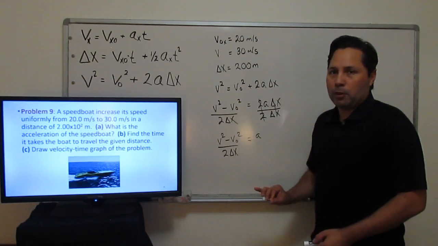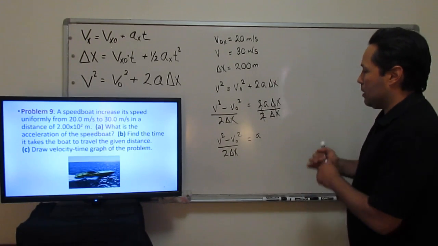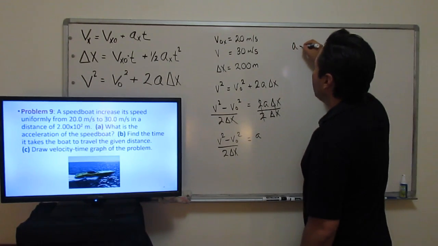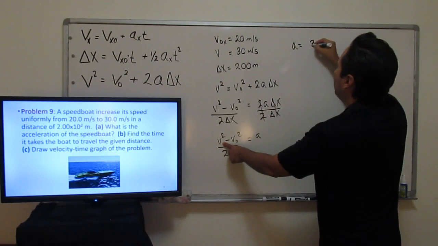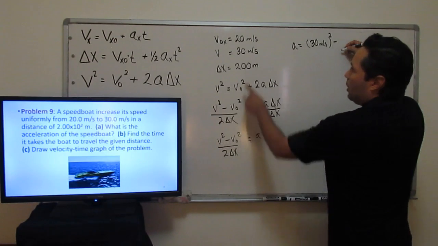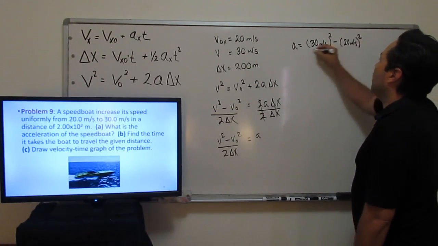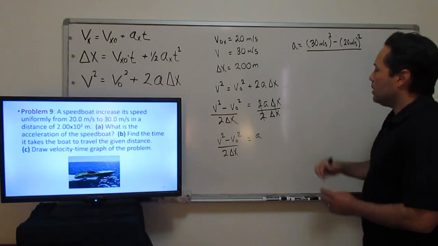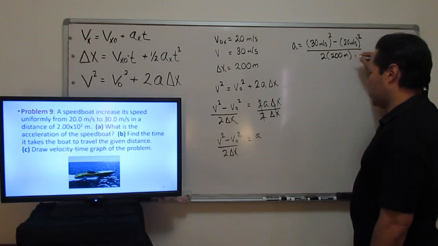Now that we have the formula, let's plug in the values and solve for a. So acceleration on the x-axis is equal to the velocity, 30 meters per second, squared, minus the initial velocity of 20 meters per second, squared as well, over 2 times the displacement, which was 200 meters.